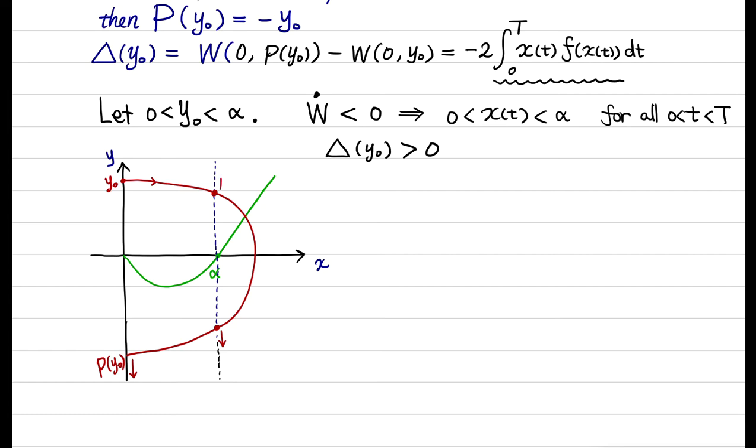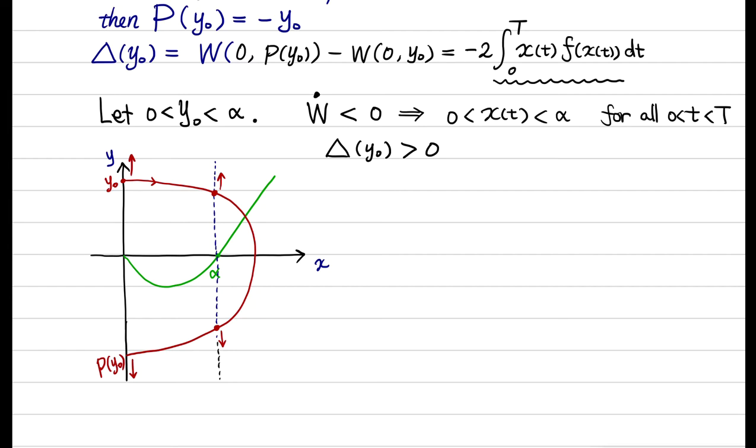If you increase this point, this y naught will also increase. Which means if you keep increasing y naught, every value will go according to the arrow.